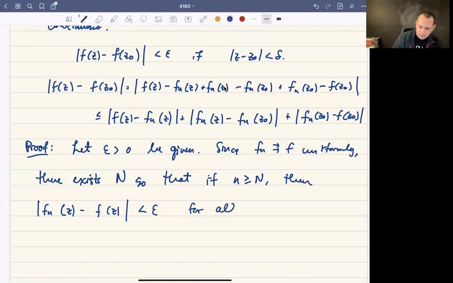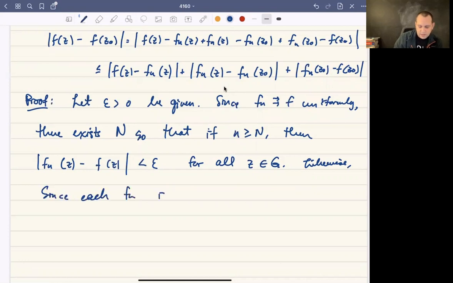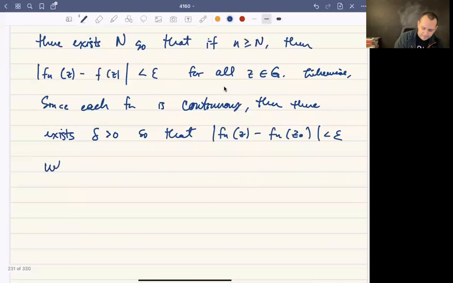So this is true uniformly for all z in G. And then very similarly, since each function f_n is continuous on G, there exists a delta so that |f_n(z) - f_n(z0)| is less than epsilon whenever |z - z0| is less than delta.